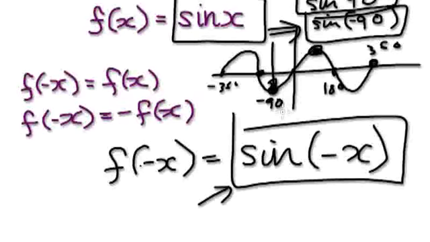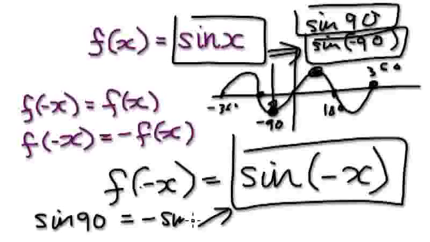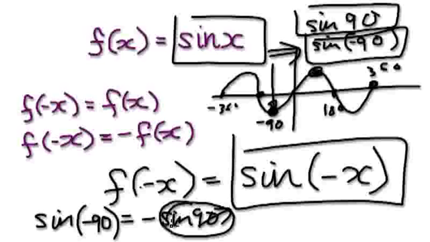So at the moment we can speculate, we don't know for sure, that sine of -90 can be found by doing sine of 90 normally, and then sticking a minus in front of it.